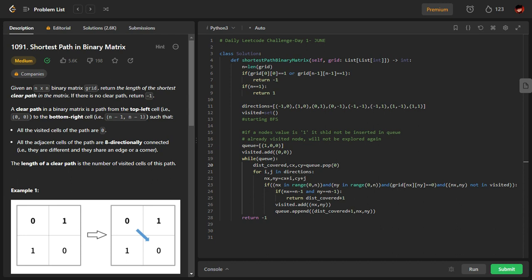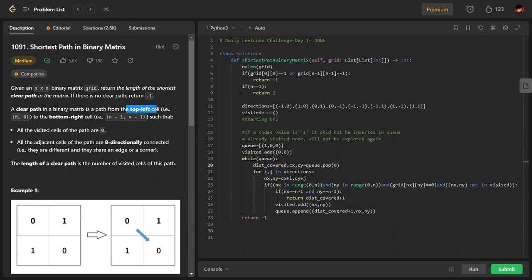So basically they are defining a clear path as the path between the top left cell and the bottom right cell of the matrix. What that means is the path between 0 comma 0, the topmost leftmost cell.